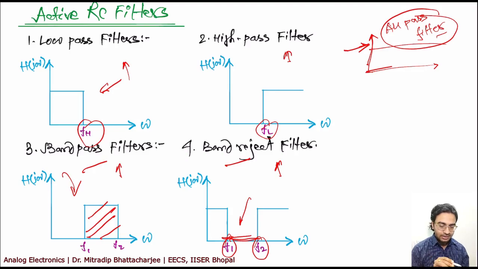But anyway, the basic two filters are low pass and high pass filters. We will discuss low pass and high pass mostly in this course. There are different other filters also. Filters can be analog, and filters can be digital as well. Once you study communication theory, signal processing, or signals and systems, you'll find there are a lot of digital filters as well.